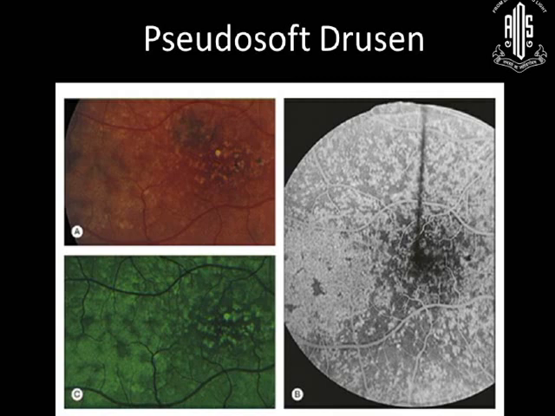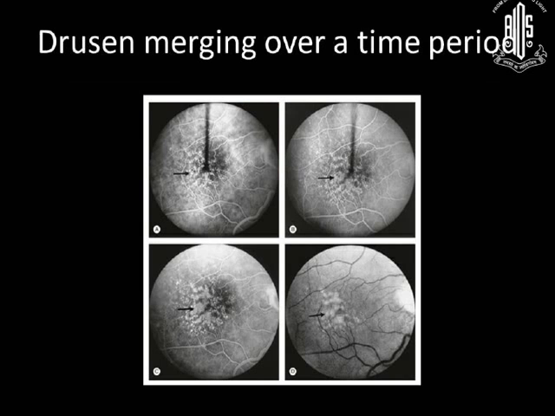This is a pseudo soft drusen, and there is a very clear picture here, a red-free picture, a retinal picture, and fluorescein angiography, which will differentiate drusen from pseudo drusen. Drusen merging over a time period.